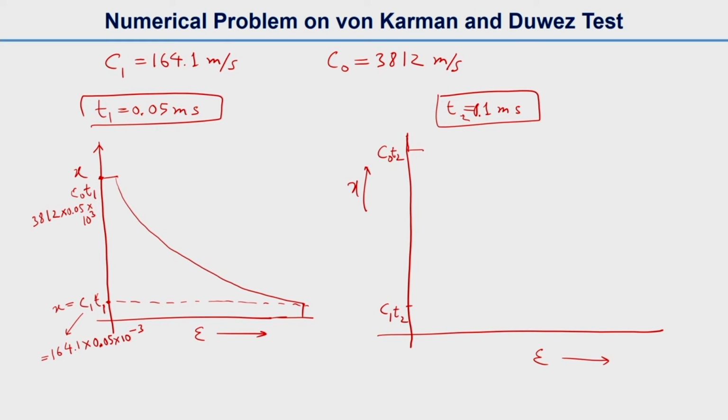So the wavefront would look taller. As you know, this C0 T2 will be twice as high as this one. So that's the difference here.